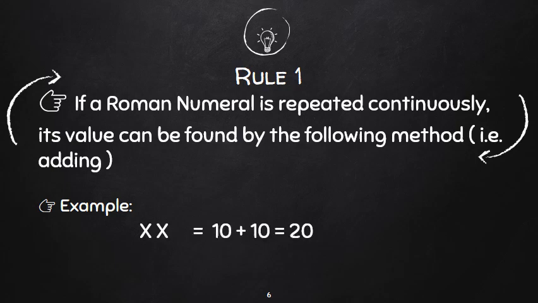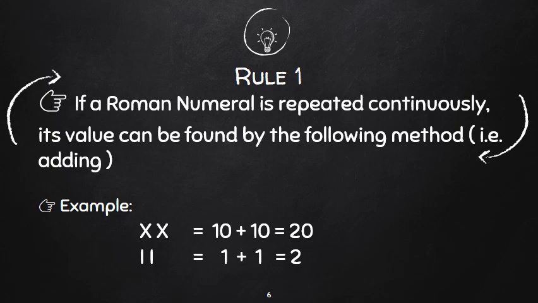XX is equal to 10 plus 10 is equal to 20, where the value of X is 10. Next, II, where the value of I is 1.